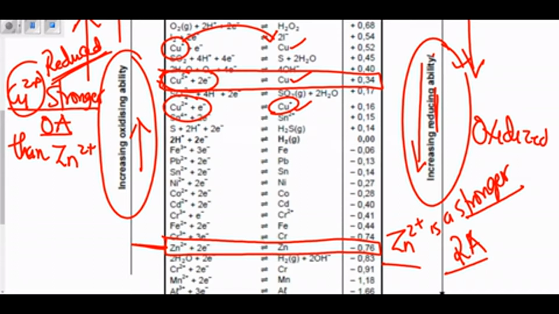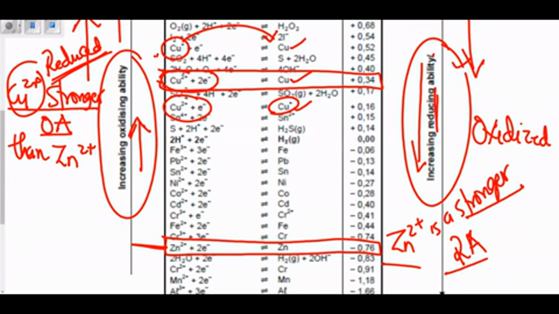I will explain this in different ways. So the first way is to look at the table and follow your arrow. Whether 4A or 4B, we just need to follow the arrow. This arrow says increasing oxidizing ability. As you go up, the ones above are stronger oxidizing agents than the ones below. So a stronger oxidizing agent will be easily reduced. It is easy for them to gain electrons because they are stronger oxidizing agents.